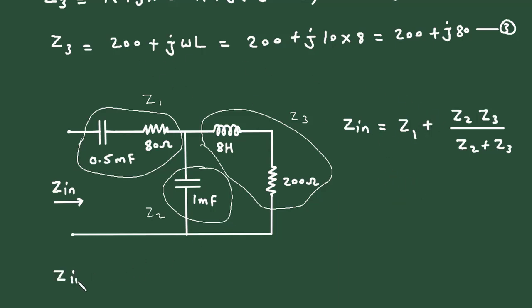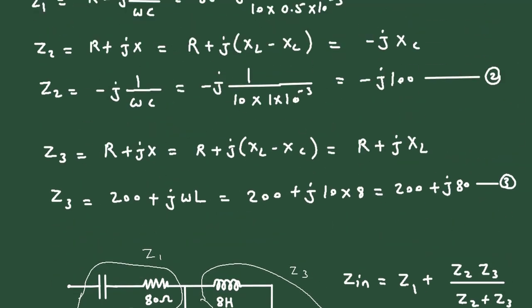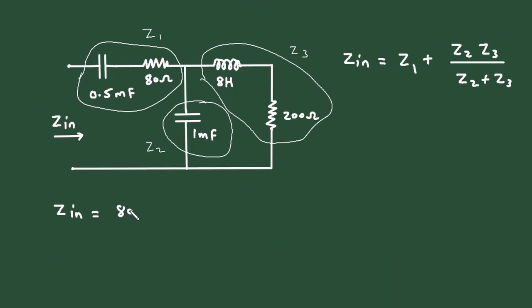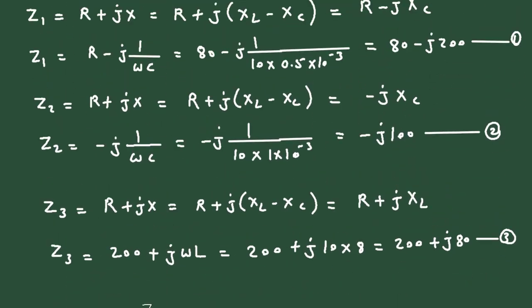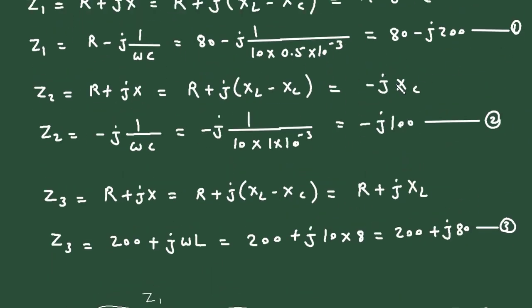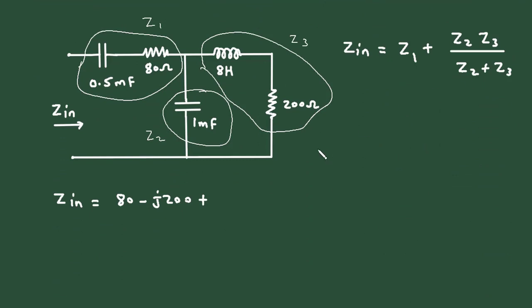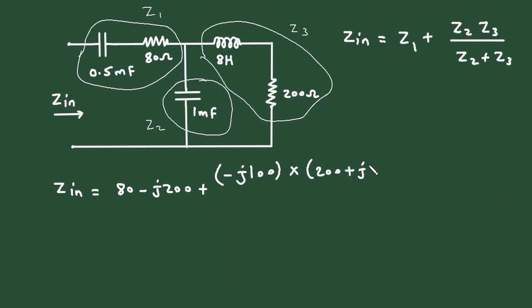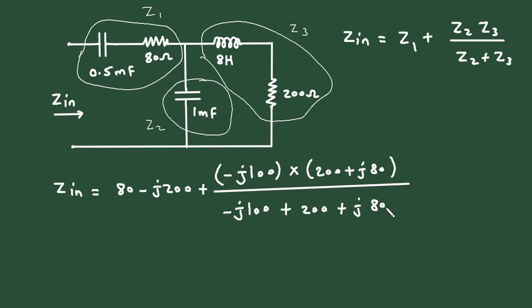So Zin is equal to the value of Z1, which is 80 minus j200, plus the value of Z2, minus j100, into the value of Z3, 200 plus j80, divided by minus j100 plus 200 plus j80.